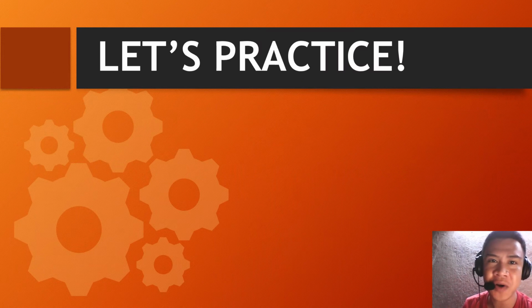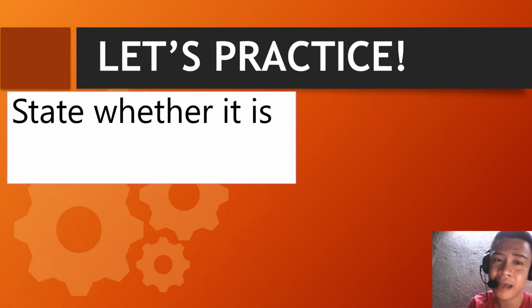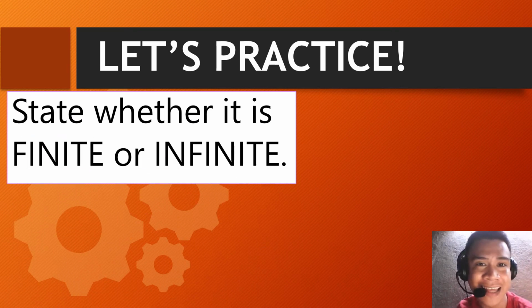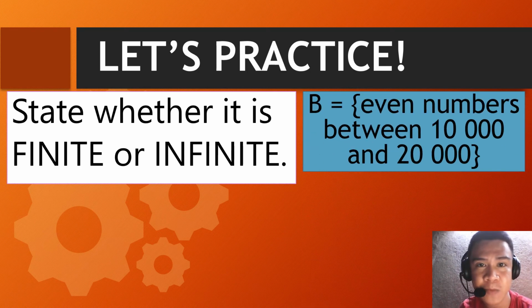Let's check your understanding. Tingnan natin kung may natutunan kayo sa pinagkaiba ng finite versus infinite set. State whether it is a finite or an infinite set. Number 1. Set B is a set whose elements are even numbers between 10,000 and 20,000.